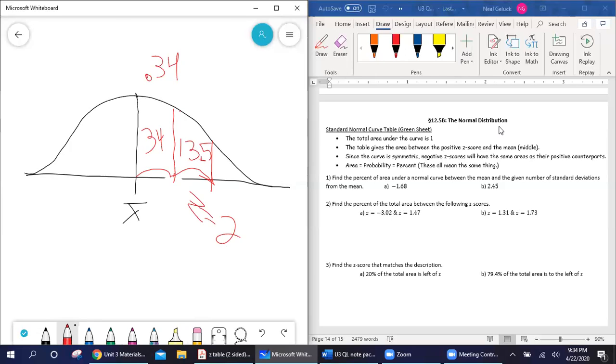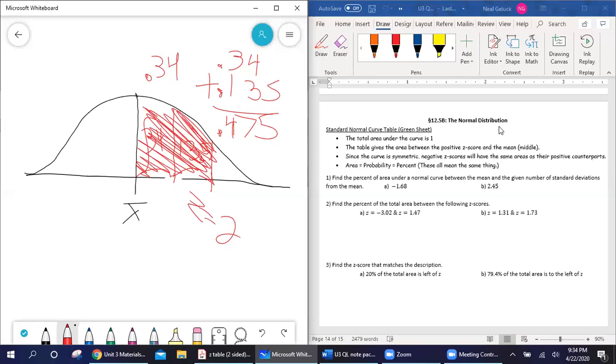Or as decimals, that would be 0.34 and 0.135, which would give me 0.475. So the area of all of this would be 0.475. The entire area, remember, is always 1.